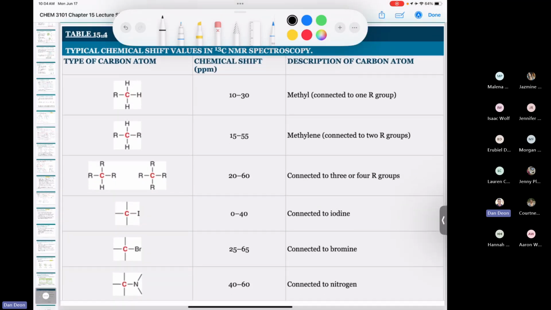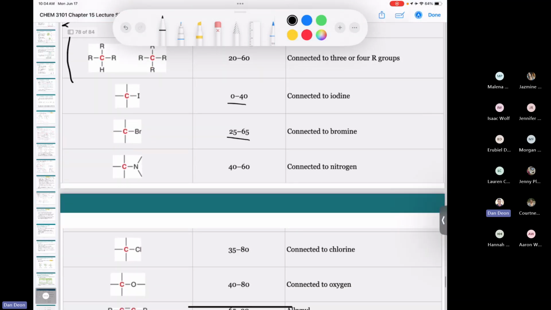This is a table that's found in your textbook. It starts out with alkanes, all attached to sp3 hybridized carbons, but depending on the number of substituents, the chemical shift can range from 10 to 60. If it's attached to an iodine, it's 0 to 40. Bromine is 25 to 65. To a nitrogen, it's 40 to 60.